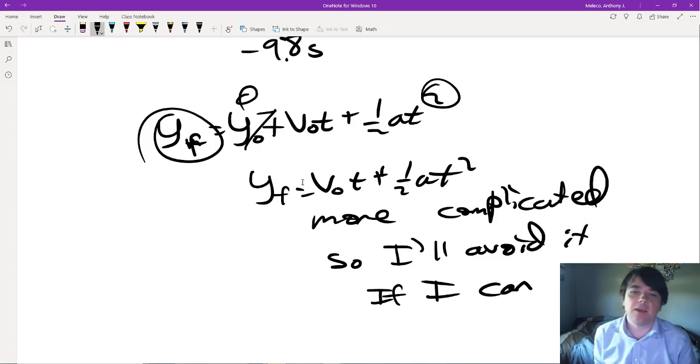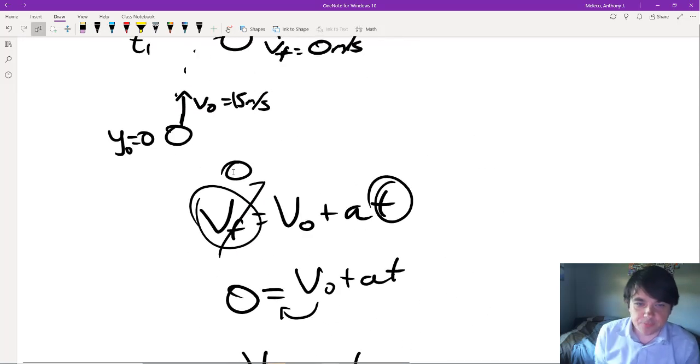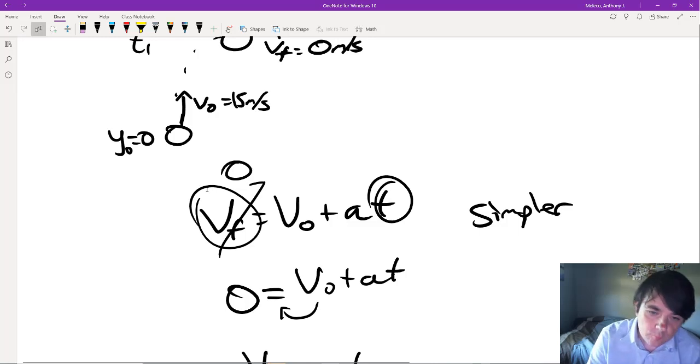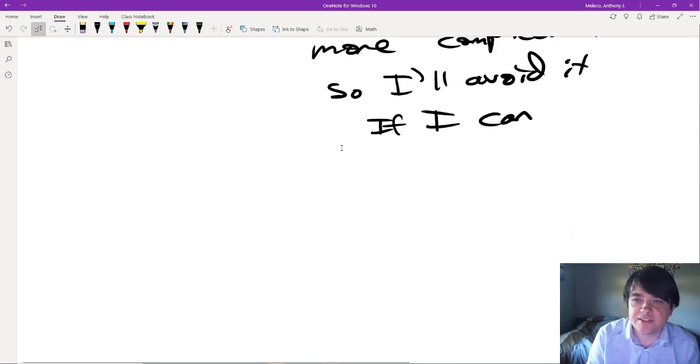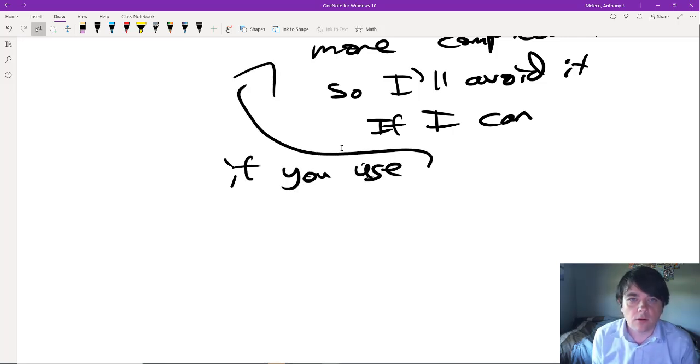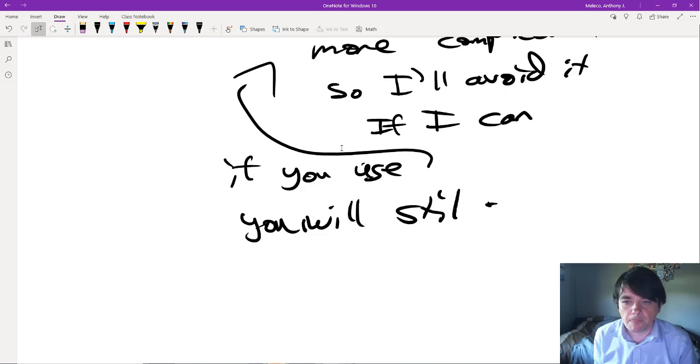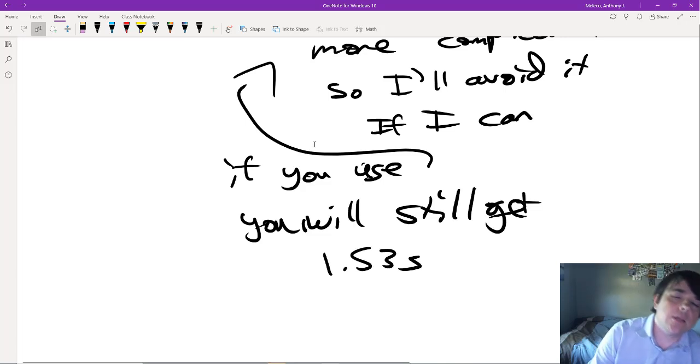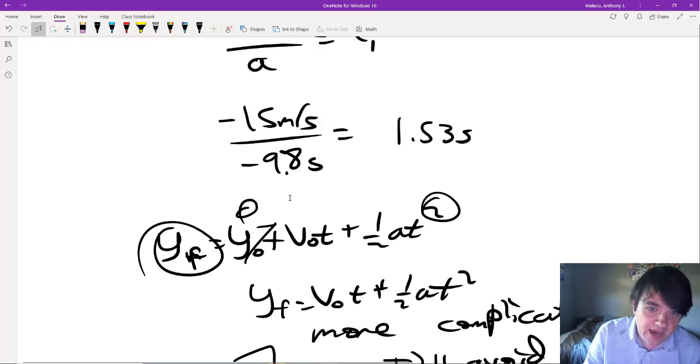I would stick to the simpler formula. So this is much simpler, right? But if you plug in the values, you'll still get 1.53. It's like I've been saying, you can take different paths to get to that same answer.